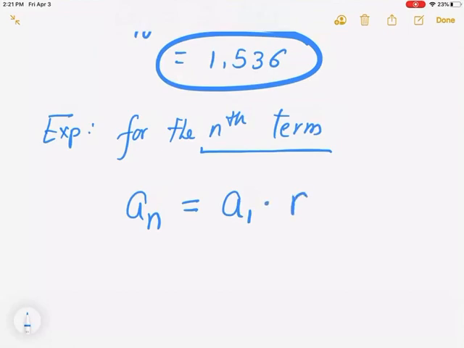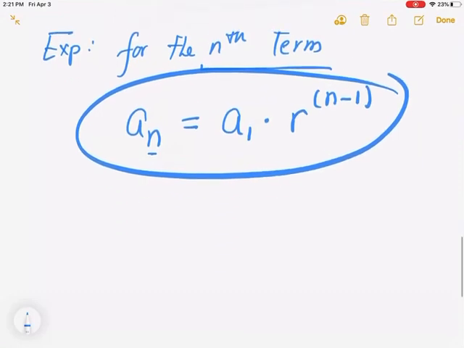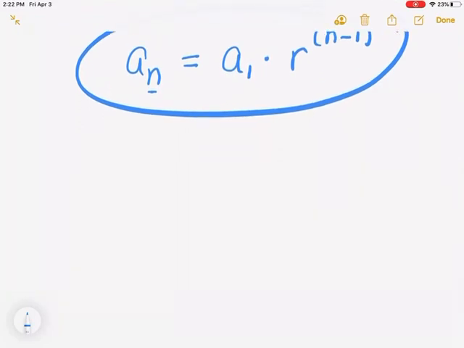But how many ratios? Since I'm solving for n, I need n minus 1 ratios there. So that's my explicit rule, the equation I'll be using every time there's a missing term. And I hope you remember we use the explicit rule when the term I'm solving for is far away from the ones I know, right?